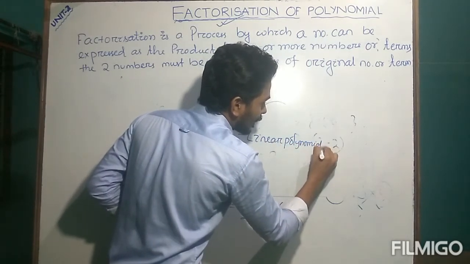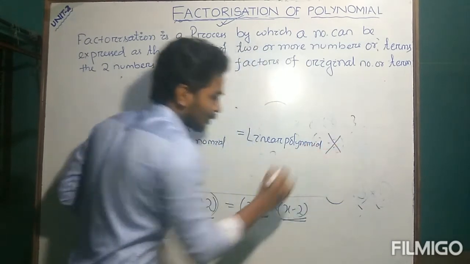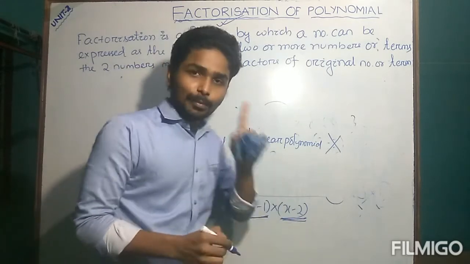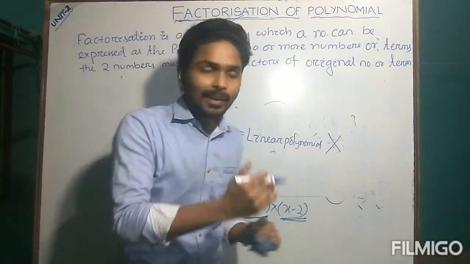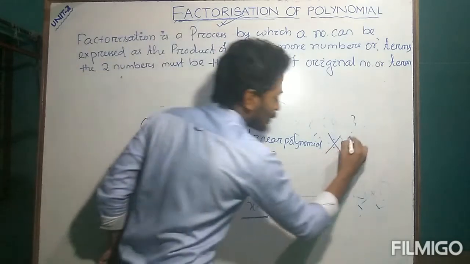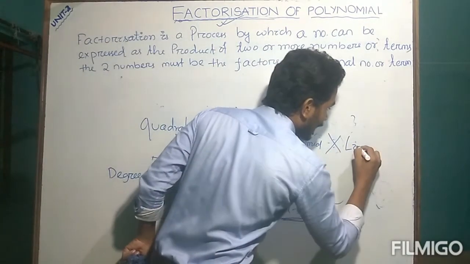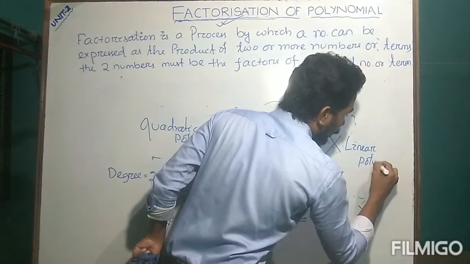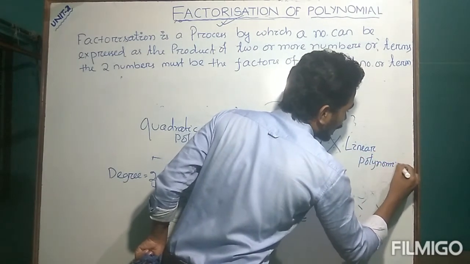The second polynomial is x minus 2; here also the highest power is 1, so it has degree 1 and is also a linear polynomial.